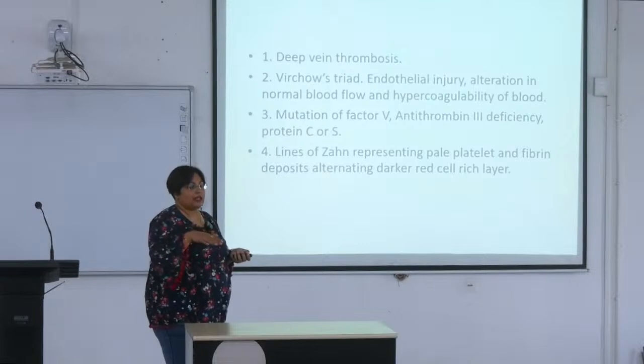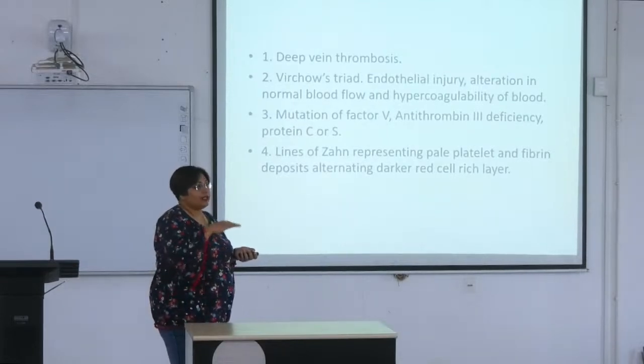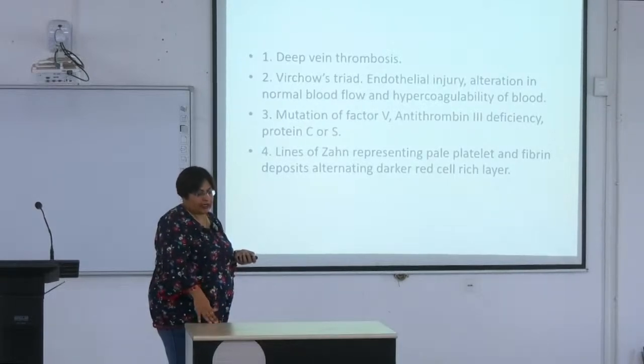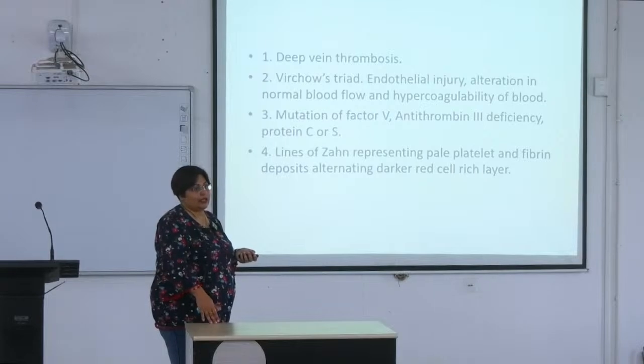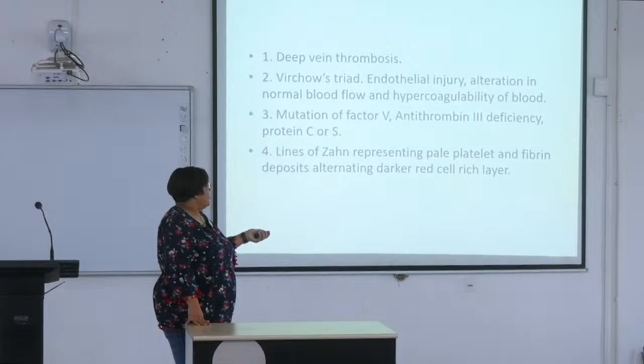Above that again there is a layer of platelet and fibrin formation, and above that there is another RBC rich layer. So, there are alternating darker and paler layers. So, these are called lines of Zahn. These layers you will find in case of thrombosis. So, this is what we will get in microscopic picture.